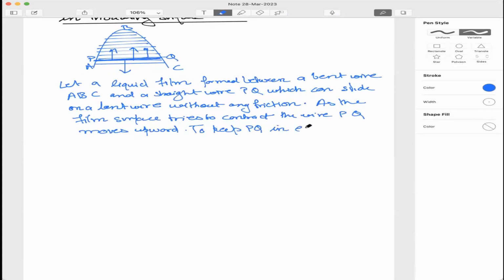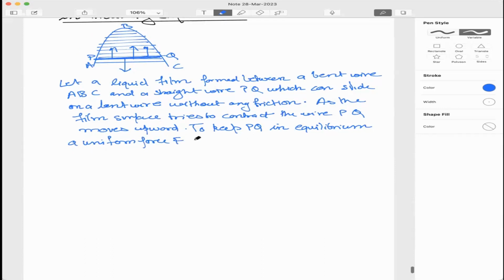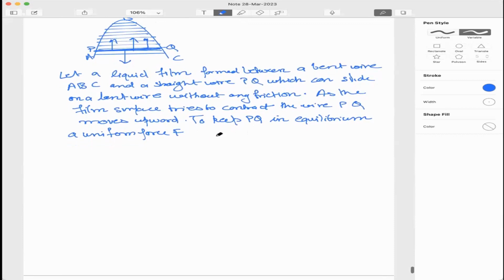So to keep PQ in equilibrium, a uniform force F has to be applied in the downward direction.